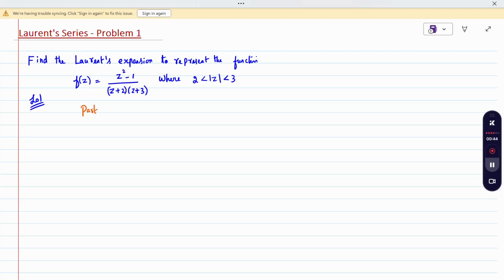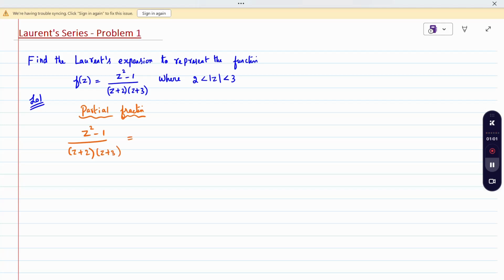The partial fraction for the given question. So z squared minus 1 divided by z plus 2 into z plus 3, the whole expression I am taking.